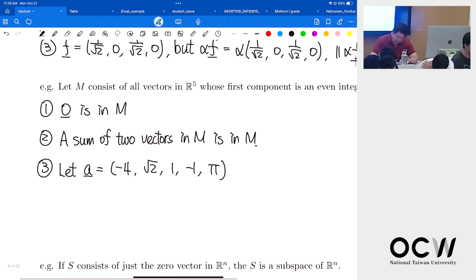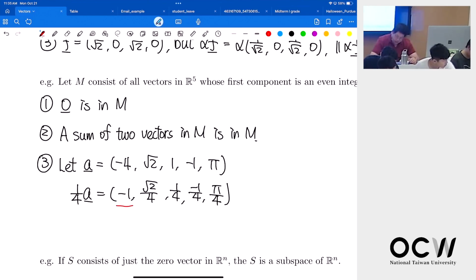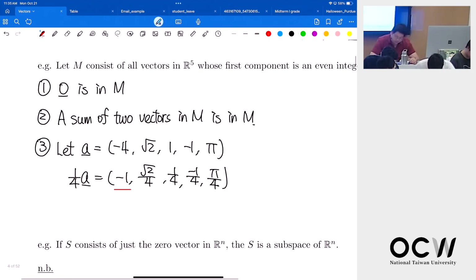Then if I multiply by the scalar 1/4, 1/4 times A becomes -1, square root of 2 divided by 4, 1/4, -1/4, and pi over 4. And you can see that this -1 is not an even integer.